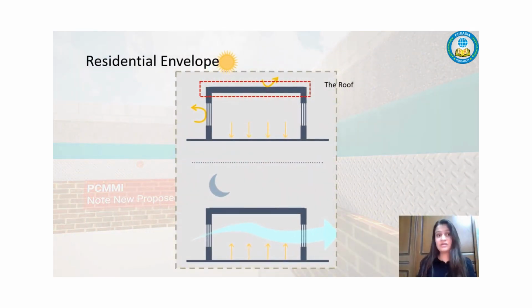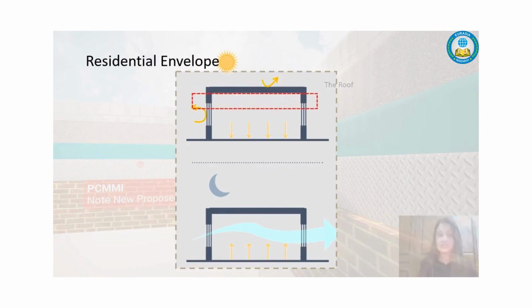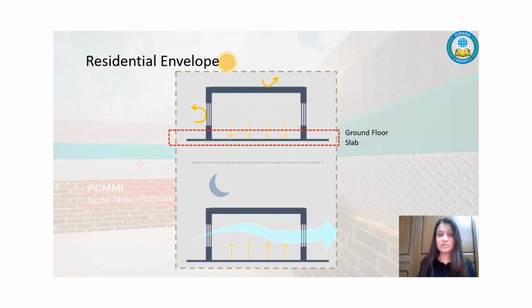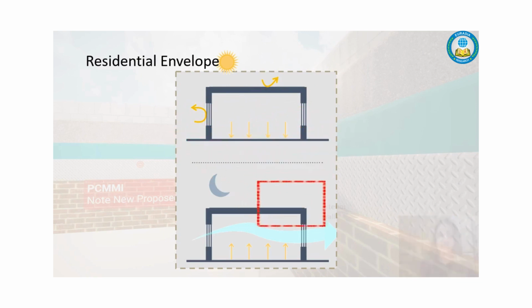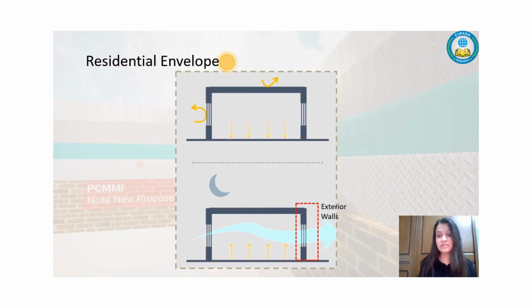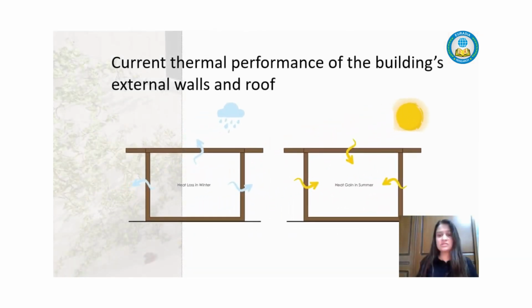Again, I will repeat that the envelope that I will be studying here is the roof, the ground floor slab of the residential apartment, and the exterior walls of the residential building. Just to wrap stuff up, what is my main problem here?